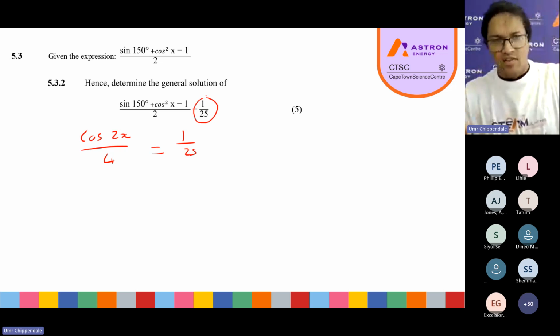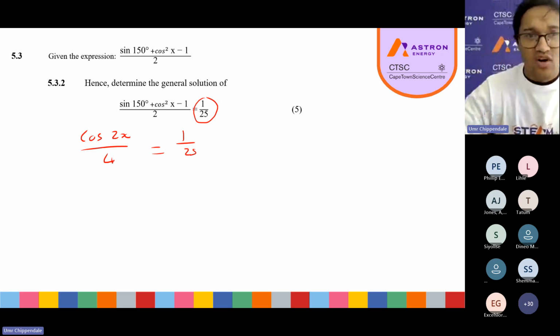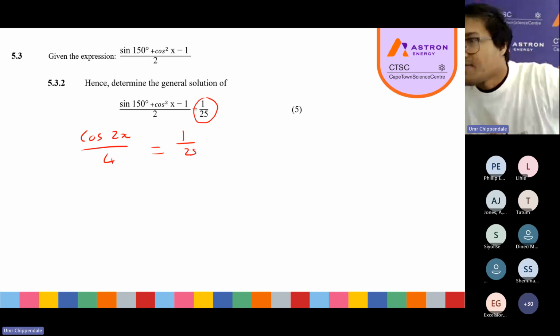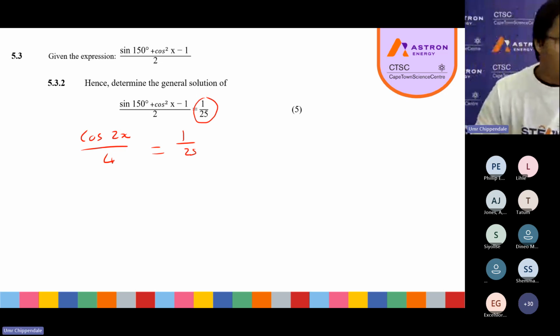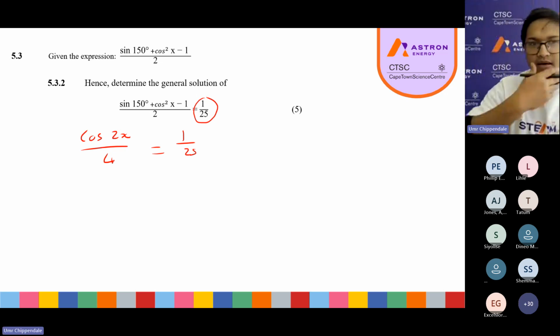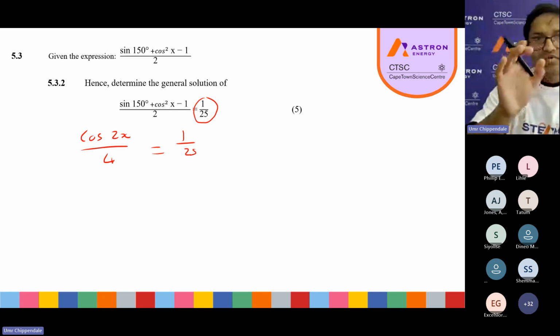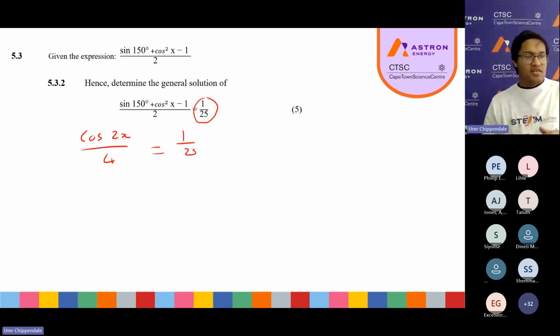Now that's not the final answer. This is worth 5 marks. They want us to deal with the general solution of this. So this is how we have it over here. What we're going to try and do is get this cos on its own, because we eventually want to work out the general solution, and we're going to have to take the cos over.